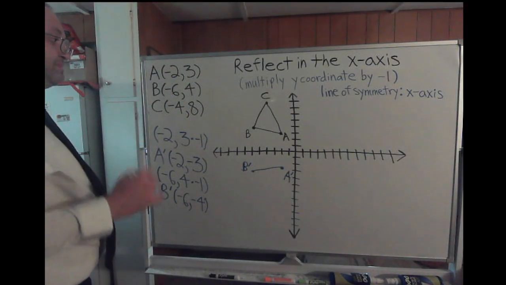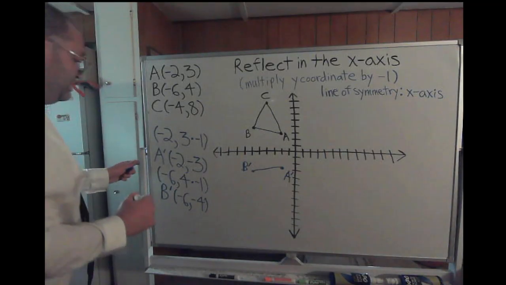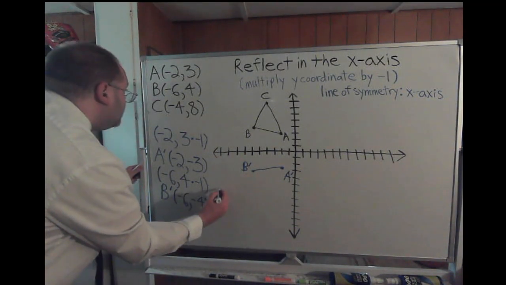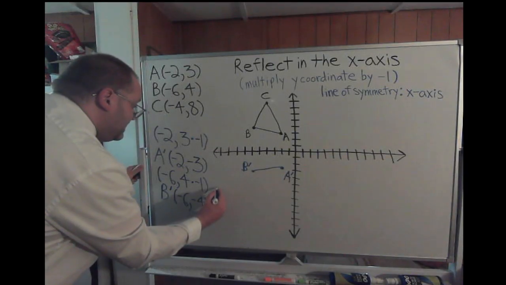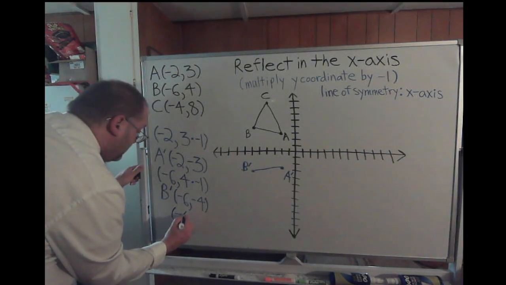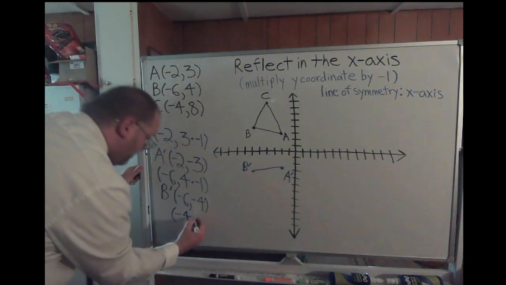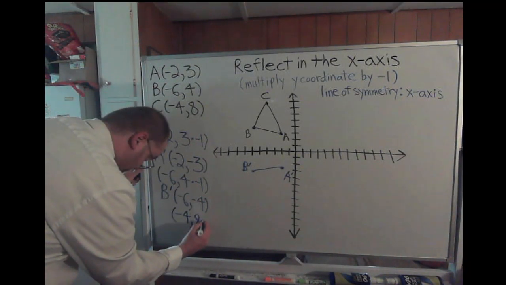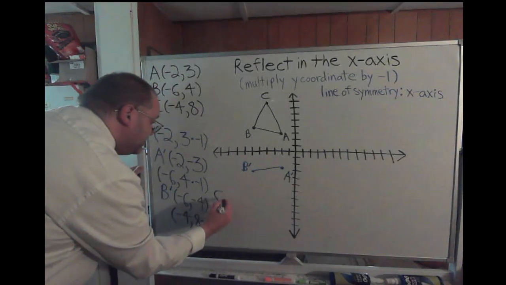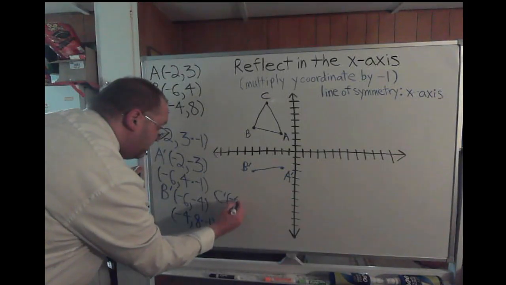Okay? And last but not least, we need to find C prime. So let's take our C coordinate. We will take -4 of the x-coordinate, we'll leave that alone, but take your 8 for the y-coordinate and multiply that by -1. That gives you C prime: for your x-coordinate, -4 was left alone.